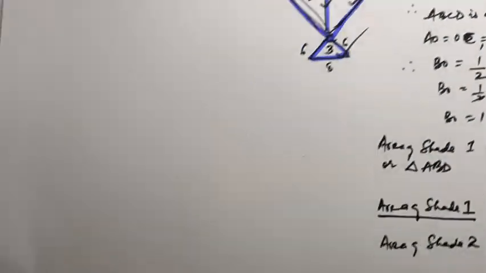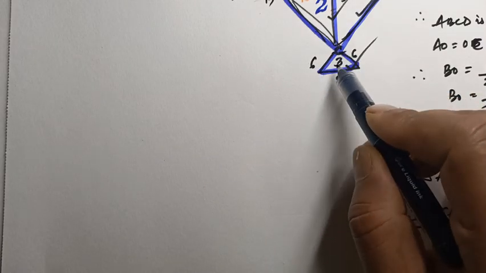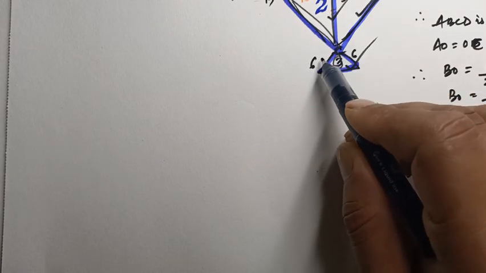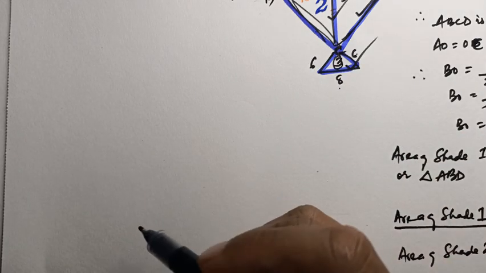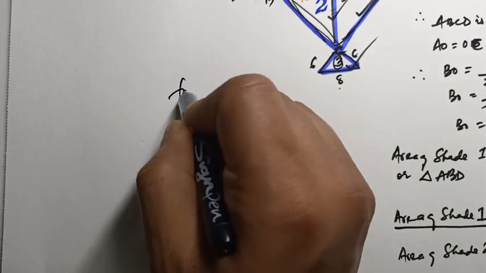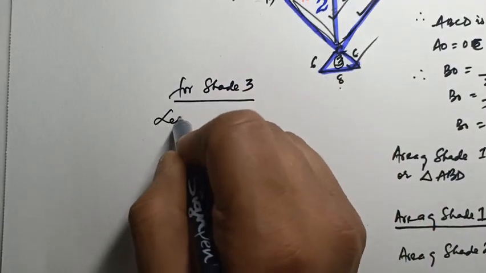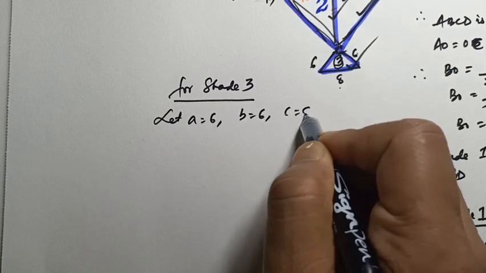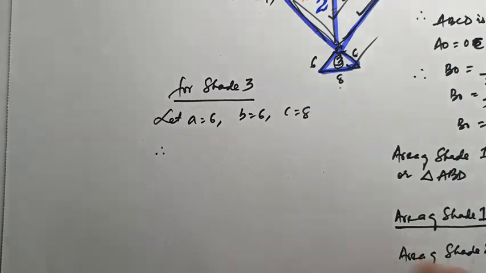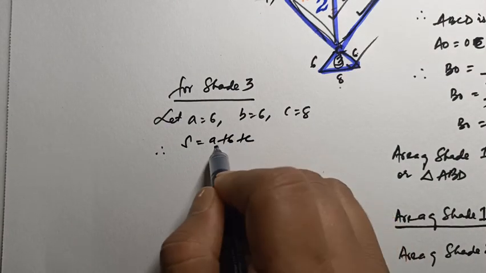So I have got area of shade 1 and area of shade 2. Now if you look here, shade 3 is an isosceles triangle with sides 6, 6 and 8. For shade 3, let A be equal to 6, B be equal to 6 and C be equal to 8. Therefore S would be (A plus B plus C) by 2.